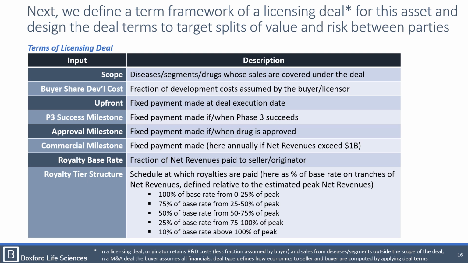And we start out at the base rate, but we decline that as we get into higher tranches of revenue so that the seller originator essentially is paid out early, and it continues to incentivize the buyer of the asset in order to drive incremental sales above what might be initially estimated and incentivize them because they retain the bulk of the benefit when they drive those incremental sales.